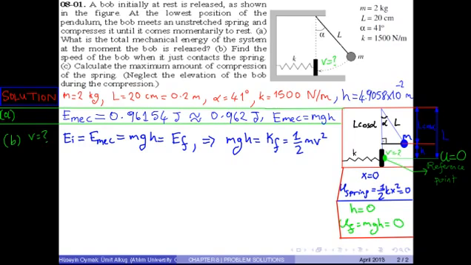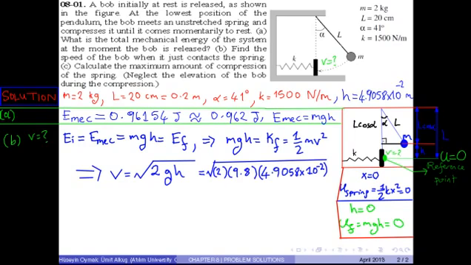Because we are interested in the speed of the bob, we find an expression for v as square root of 2 times g times h. And by the numerical values, square root of 2 times 9.8 meters per second squared times 4.9058 times 10 to the power minus 2 meters.